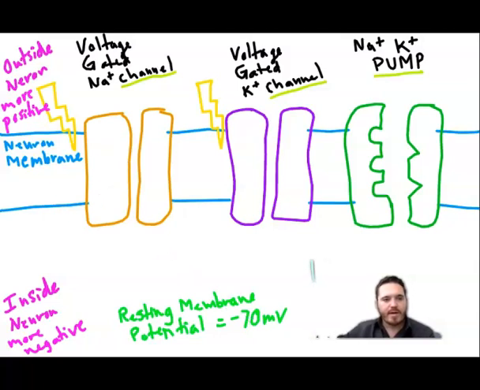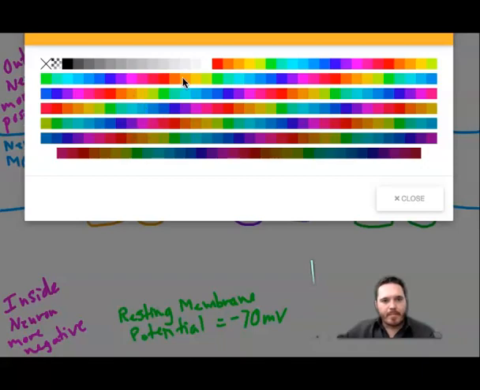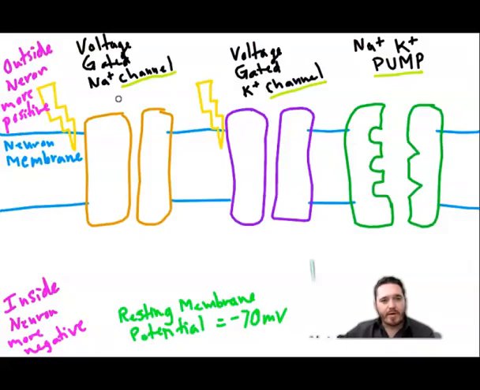Okay, so then we've got over here the sodium channel, right? So it is voltage gated, meaning it's only going to open when there's a specific membrane potential, and that is not negative 70 millivolts.